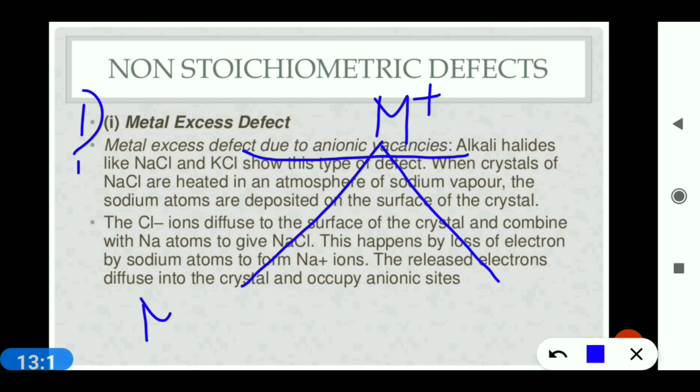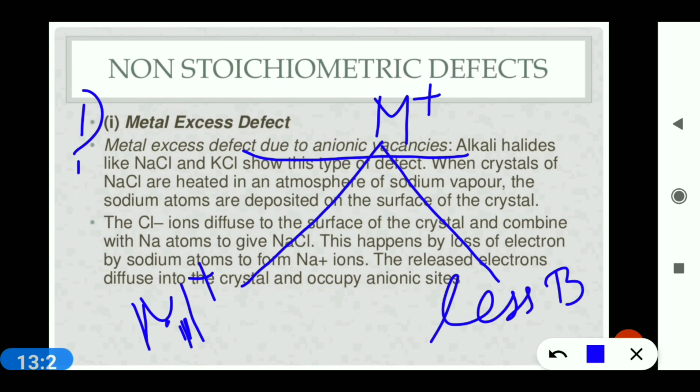Either there will be a greater number of metal positive ions, or there will be fewer negative charges. If there are fewer negative charges, then also the crystal will have an excess of positive charge.